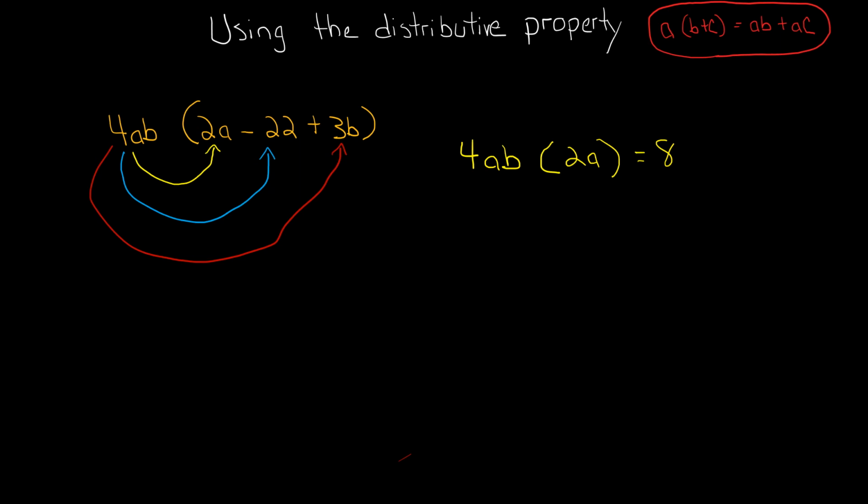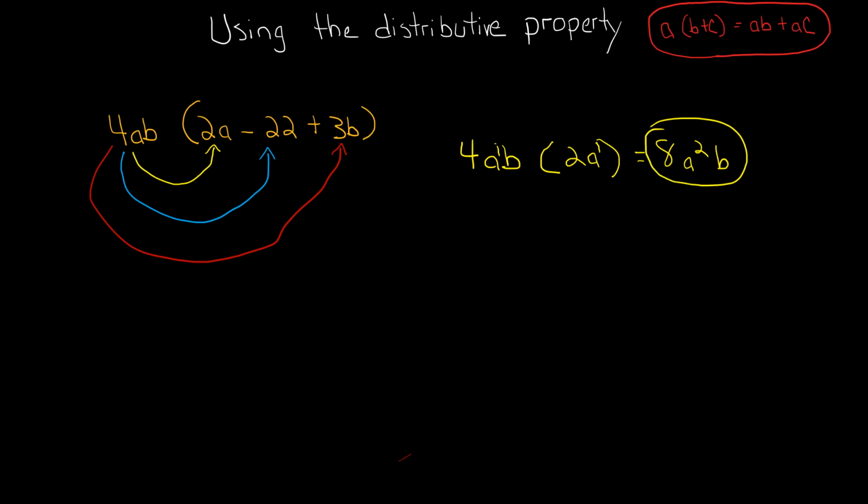And don't forget, there is an imaginary 1 there. Mathematicians don't put it there. They say that it's there, so we're going to go with what the mathematicians say. So A times A with the same base, the exponent is 1. So 1 plus 1 equals 2, so that becomes A squared. What else we have? 4ab times 2a, we have a b there. We can't do anything with that b, so we just leave it just like that.